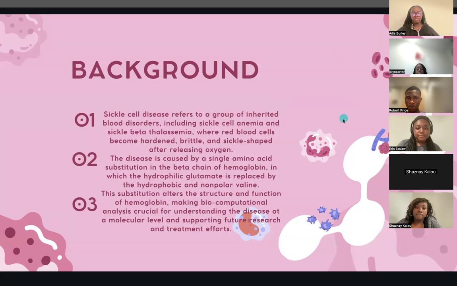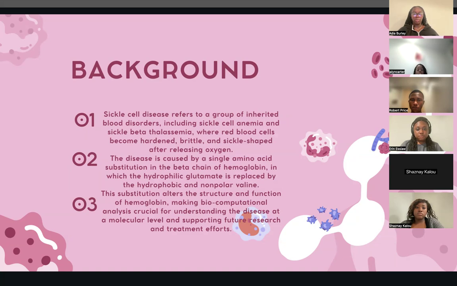Now, when it comes to background, this study focuses on biocomputational analysis of sickle cell anemia, a genetically inherited blood disorder in which red blood cells adopt an abnormal crescent or sickle shape rather than the normal round shape. This distortion reduces the cell's ability to carry oxygen efficiently, often leading to severe complications throughout the body.